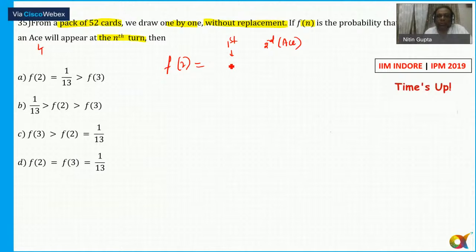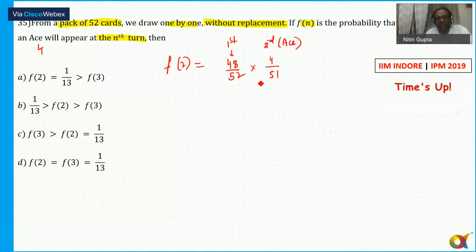What is the probability that I'm not getting an ace? Out of 52 cards, 48 cards are not aces, so 48 by 52. Now in the second case, I'm getting an ace. But since it's one by one without replacement, next time I have how many cards? 51 cards. Out of the 51 cards, 4 of them are aces. So I'll say 4 by 51.